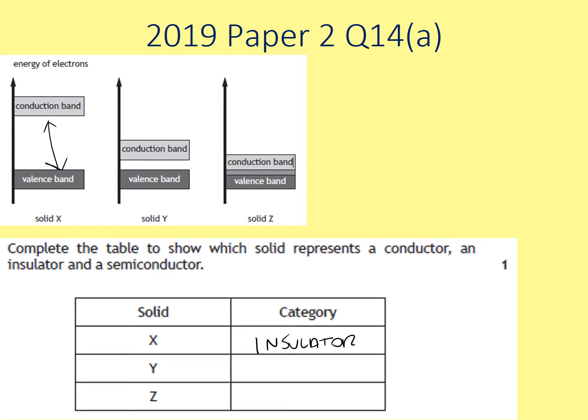Solid Y, there is a small band gap in between the conduction band and the valence band, suggesting that this is a semiconductor. And then, of course, if we have a look at solid Z, there is an overlap between the conduction band and the valence band, so that must be the conductor. And you'd be expected to be able to recognize as well as draw these diagrams.